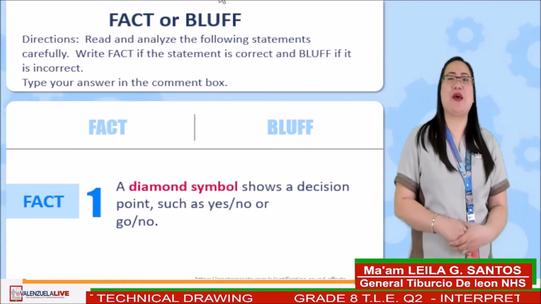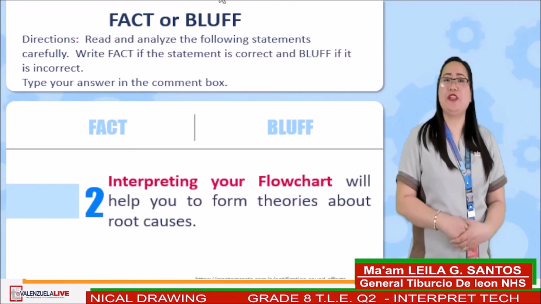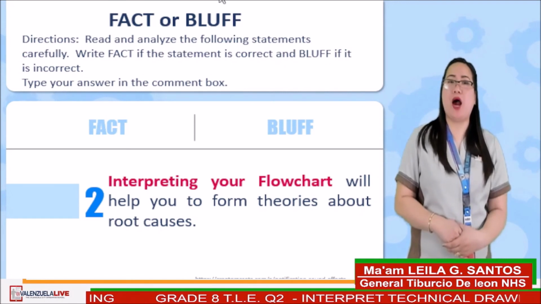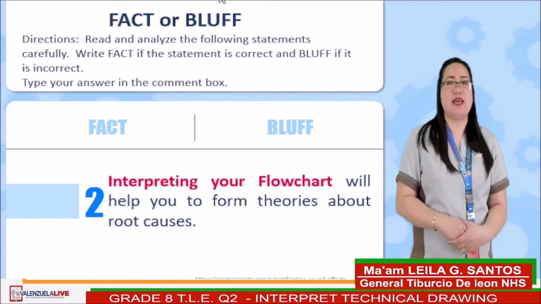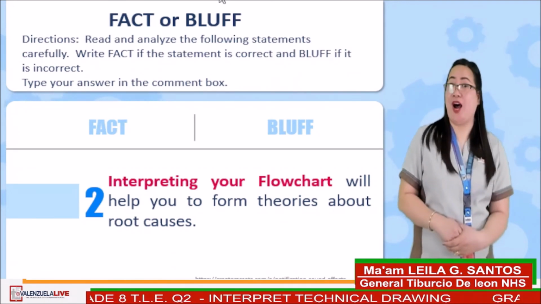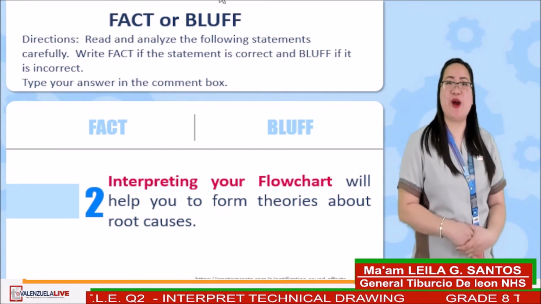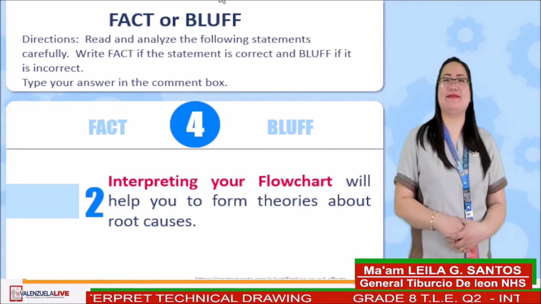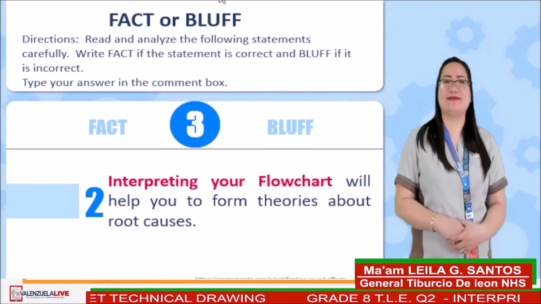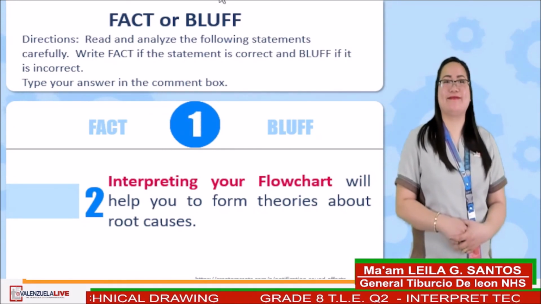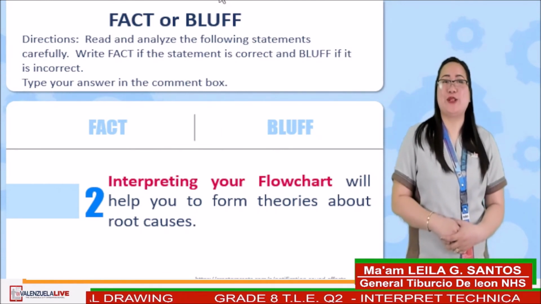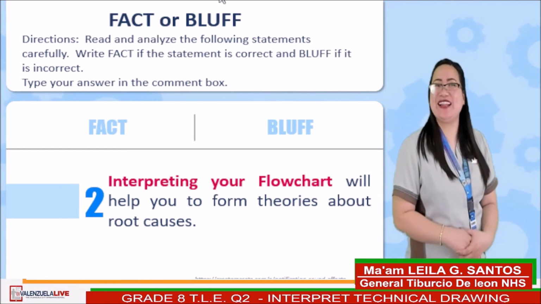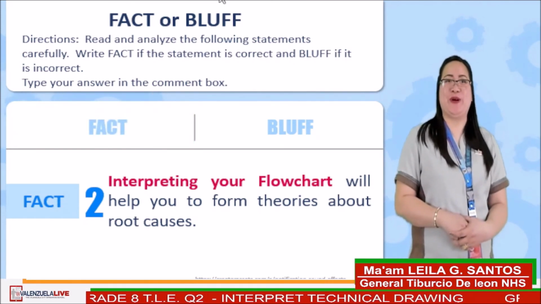Next for item number 2. Interpreting your flowchart will help you to form theories about root causes. Is it a fact or a bluff? Your timer starts now. Time's up. If your answer is fact, you nailed it. You've got the correct answer.